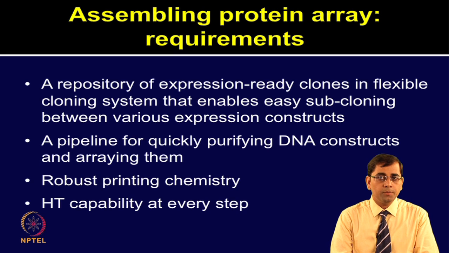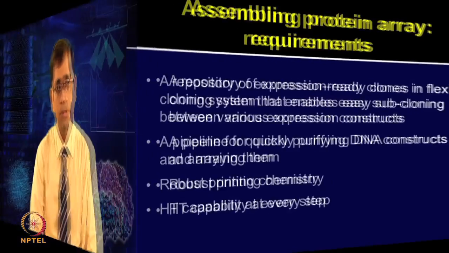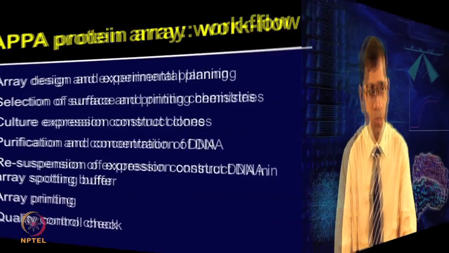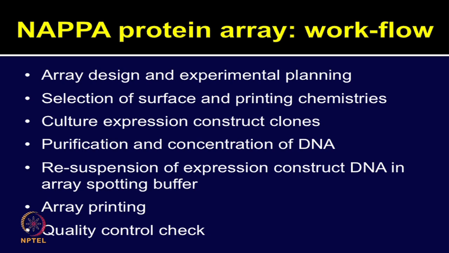We will therefore first talk about the array design and the experimental planning required for performing these arrays. Unlike other proteomic techniques, where one starts with unknowns and identifies the protein by using mass spectrometry, in protein microarrays scientists already know what contents are printed on the chip surface to start with, and those contents have to be very well planned along with control features.